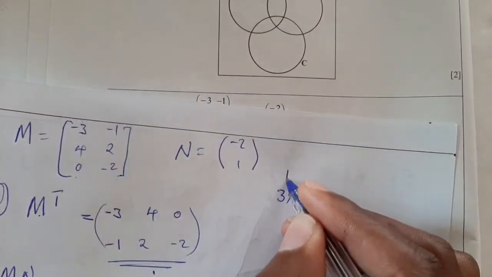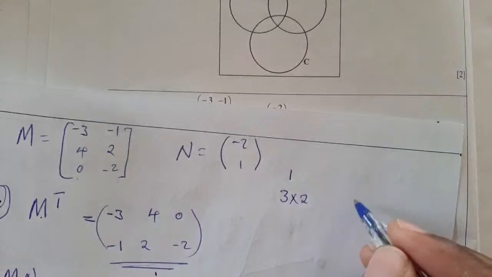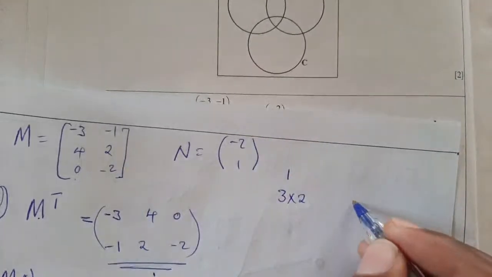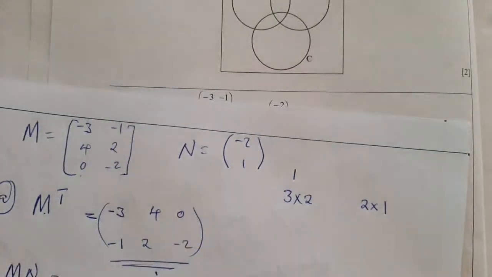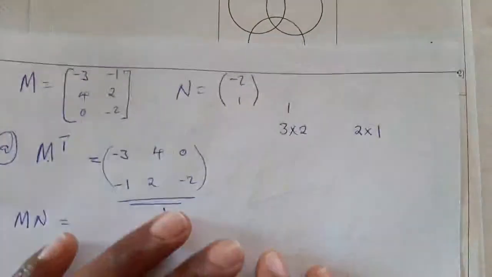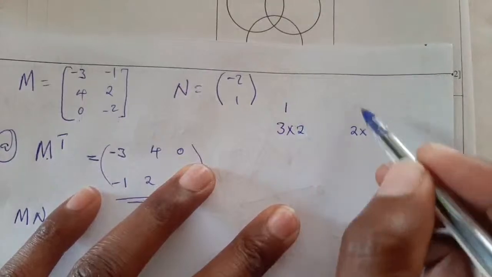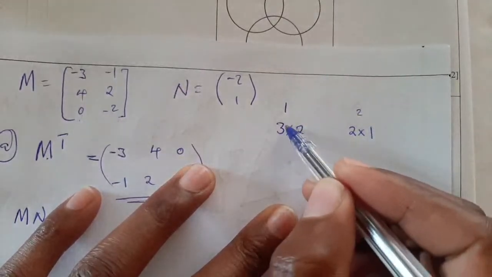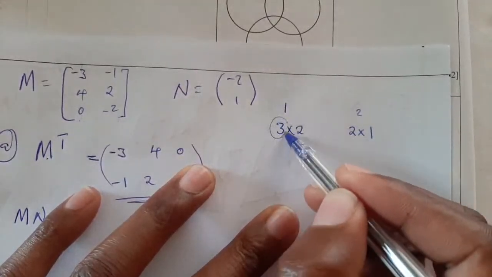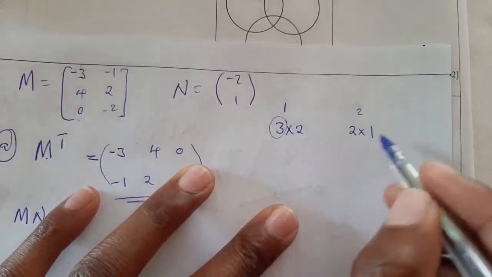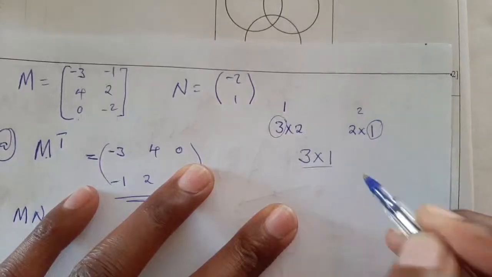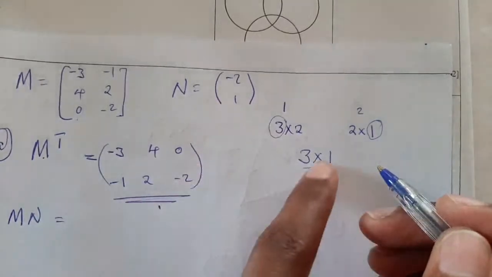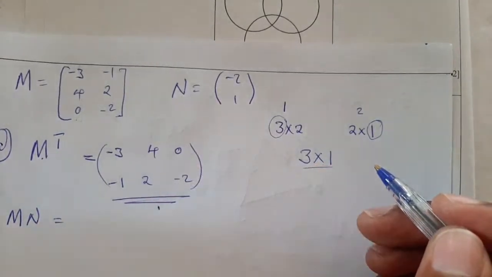This is my first matrix. Then the order for this matrix here is a 2 by 1. So after multiplying, I'm supposed to get a matrix with the row count of the first matrix and the column count of the last matrix. It will be a 3 by 1 matrix. So if we miss it here, it means we have not found the correct answer.